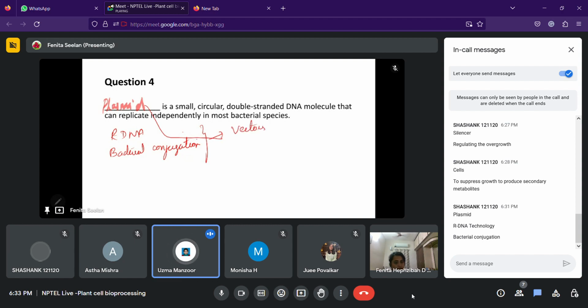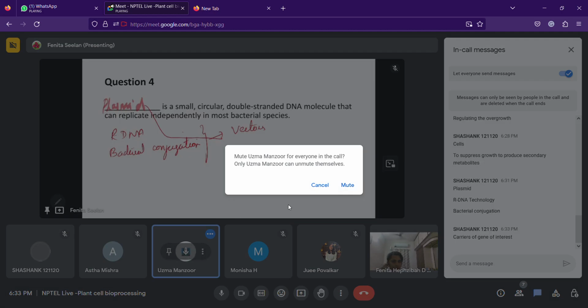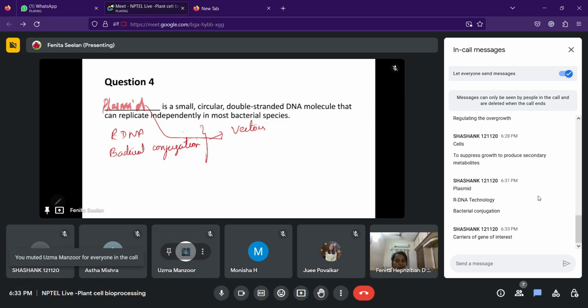What are vectors? Yes, it is the carrier of your gene of interest.